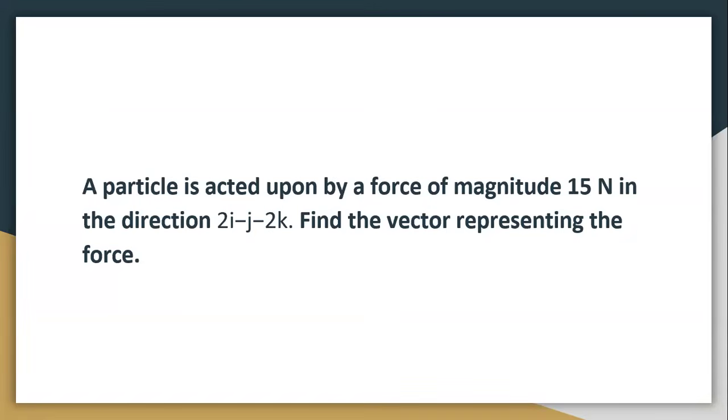So your answer still remains the same. But here, since I told you it is in newtons, the final answer you get, you put the newtons. So I'm just showing you the different ways it can be set. In case you find force, just remember that force is a vector quantity.